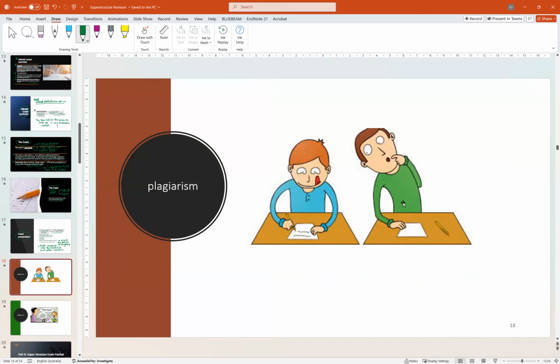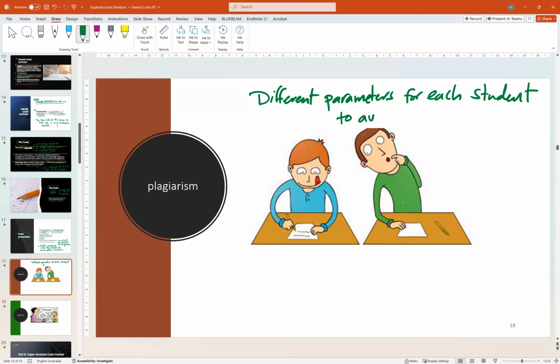Also, the exam will have different parameters for each student, similar to the project, to avoid any plagiarism and academic integrity issues.